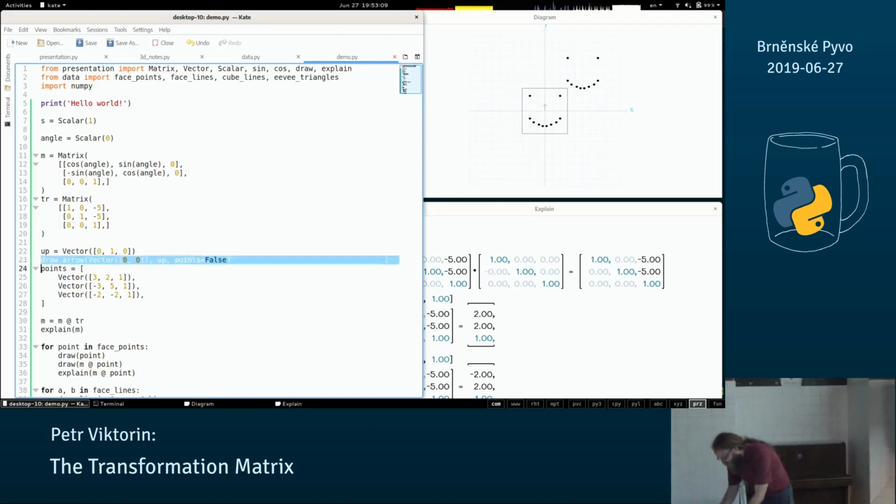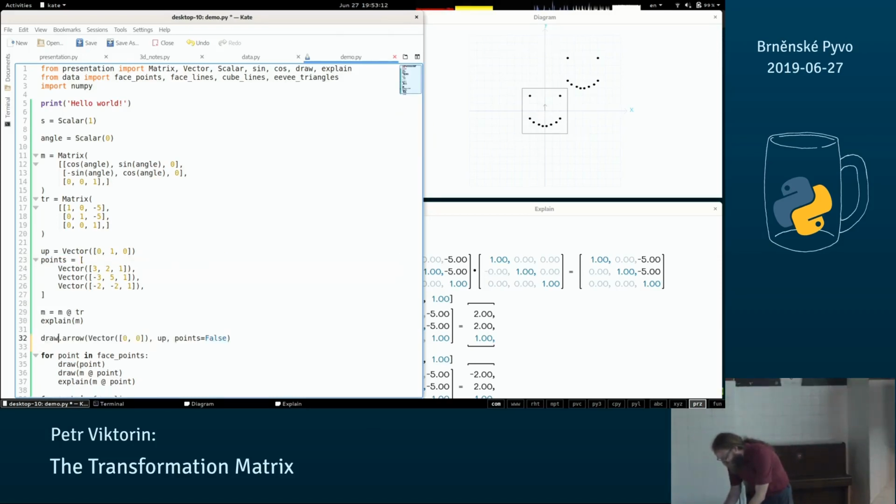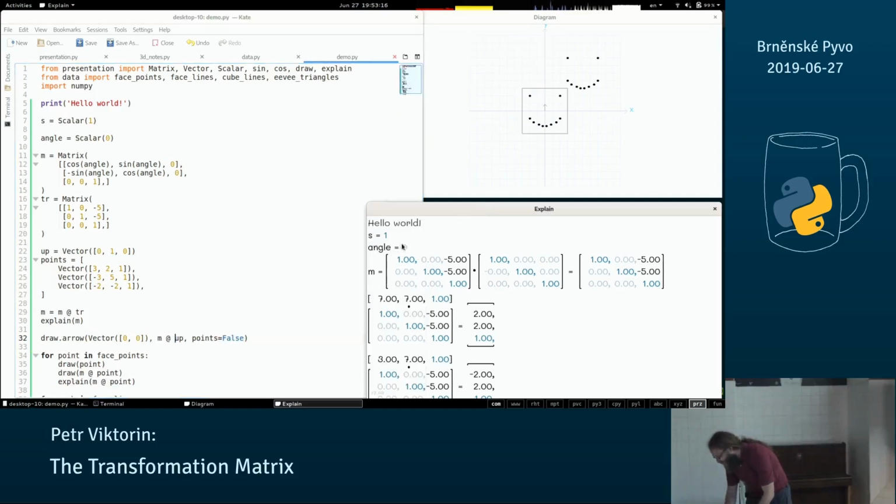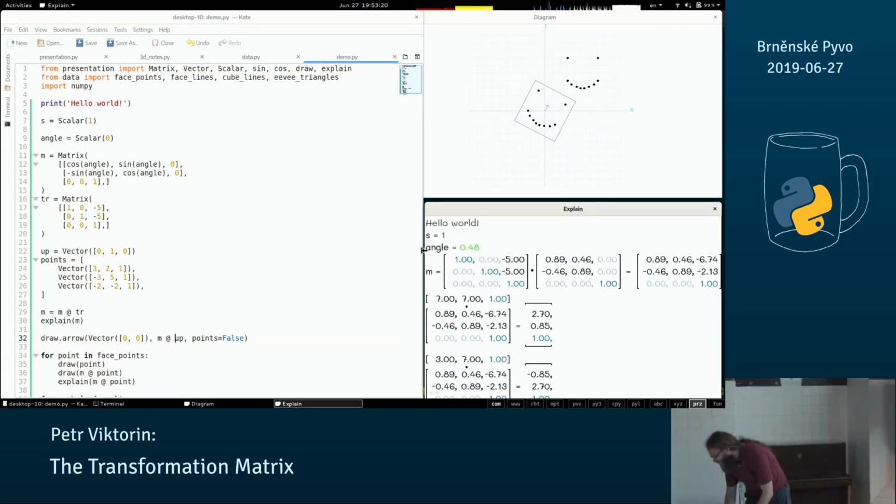And if I multiply that by the matrix, it should rotate the same way as the rest of the face. Hopefully. But since it's a direction, it doesn't have a position, it will always stay in this one place.